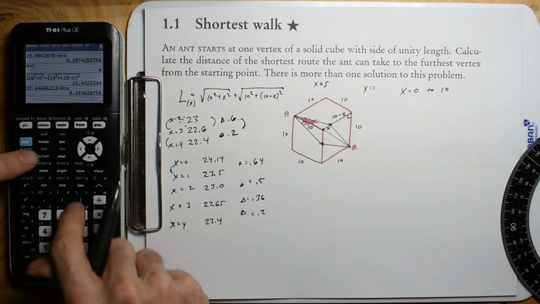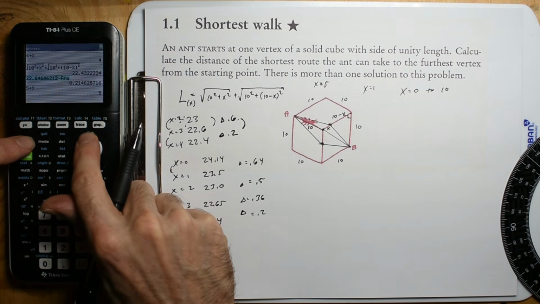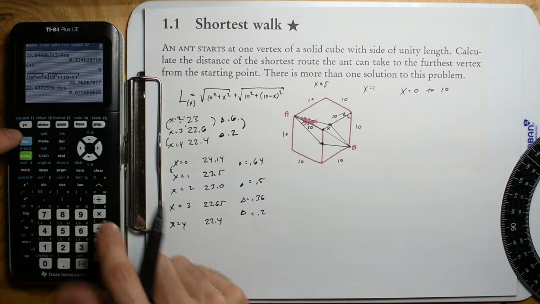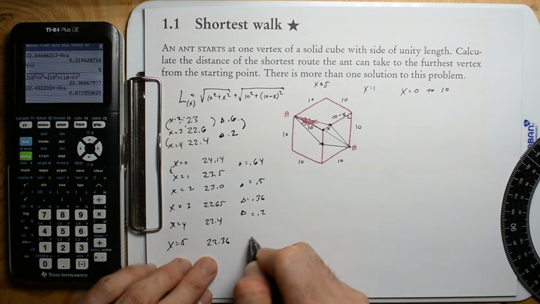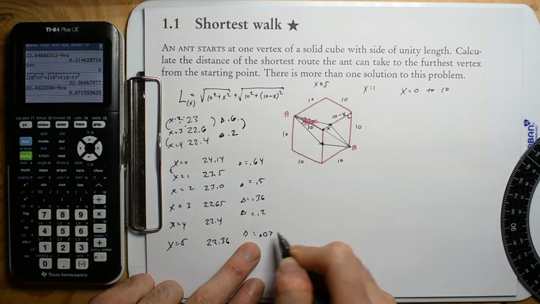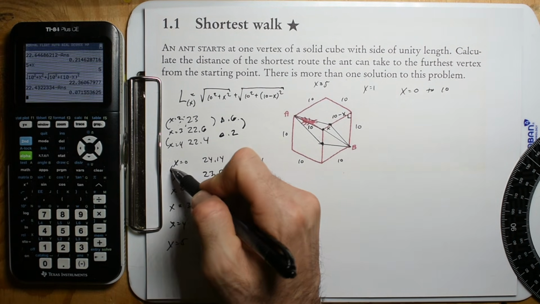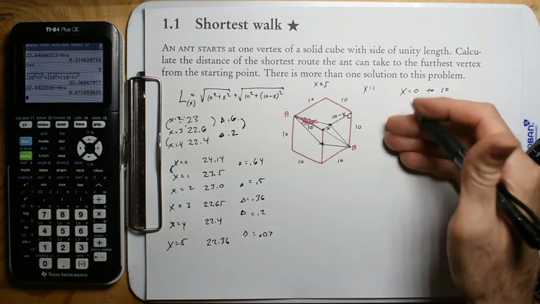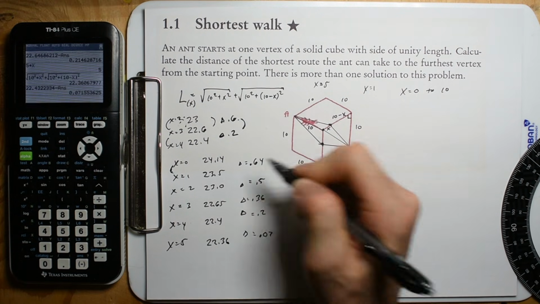And then when x is 5, we get 22.36, and our change is going to be 0.07. So our change is going down. This is kind of cool because it's a scenario where we can change x by a whole value. You know what I mean? We change x by 1, and we get a change in length of 0.64.